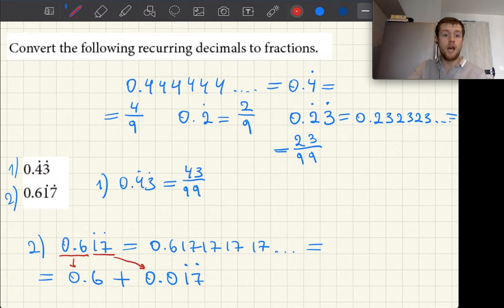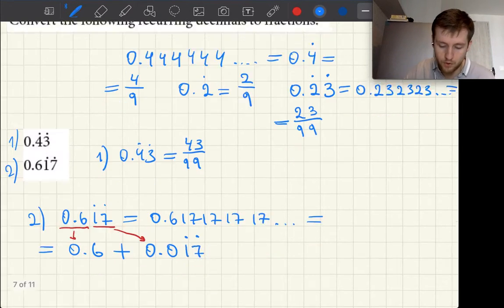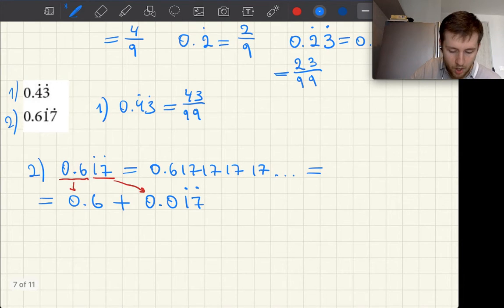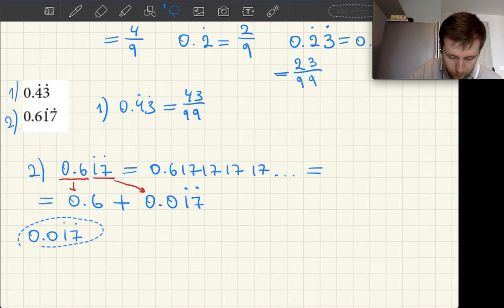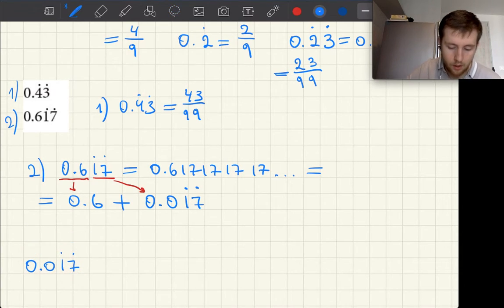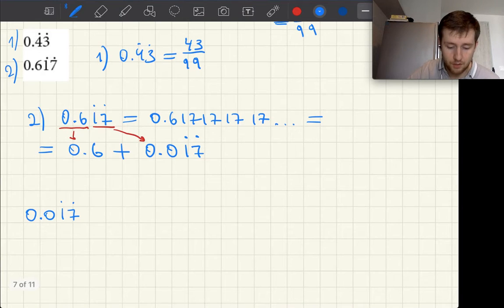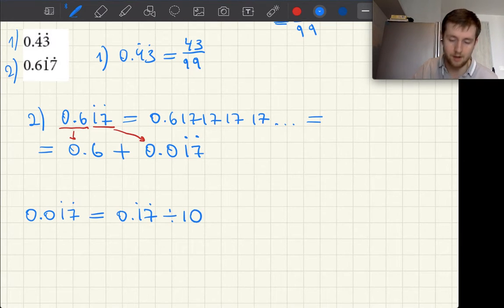Now that we have this, we can convert the repeating part to a fraction. 0.017 repeating is quite similar to 0.17 repeating, but this number is divided by 10. If we move the point one step, it means it was divided by 10.